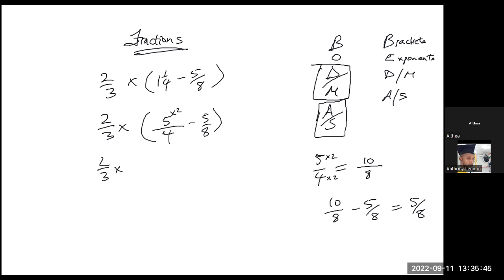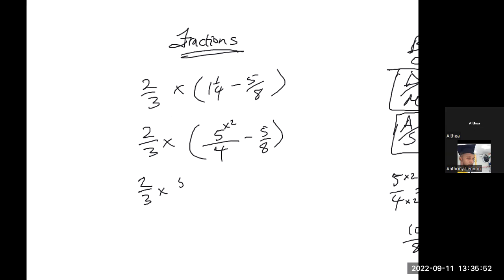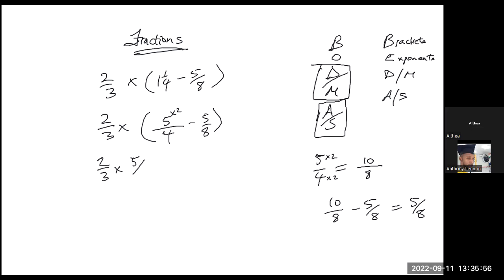So what we have here is 2/3 multiplied by the result, which is 5/8. You can simplify this further. Let me show you how.